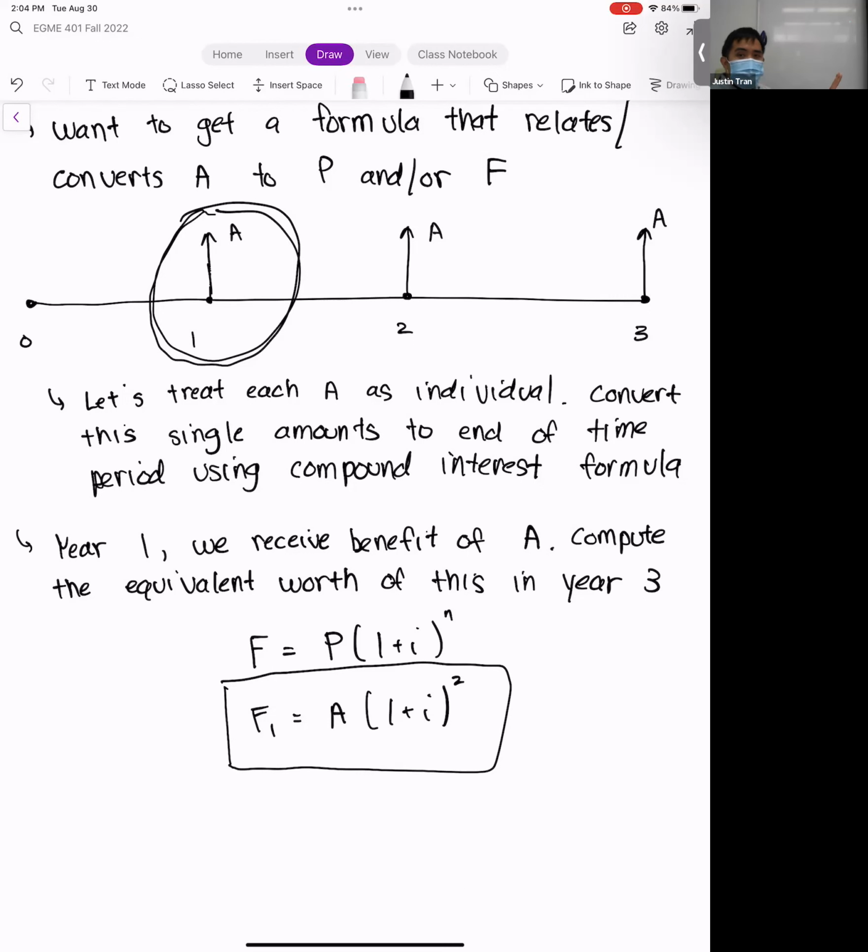Does everyone understand how we got this formula here for that one? So I just took the amount of money that we're getting on year one, and I computed its equivalent amount in year three.